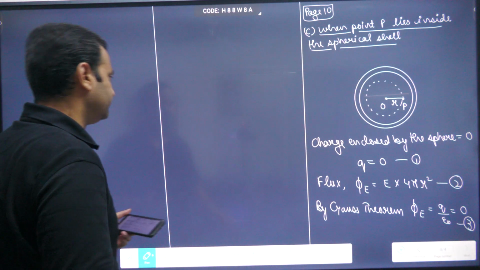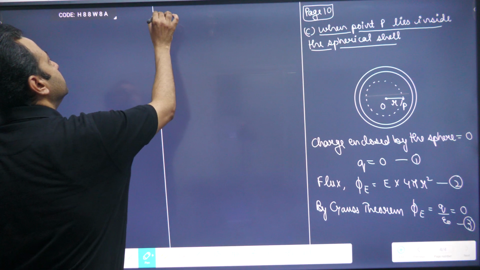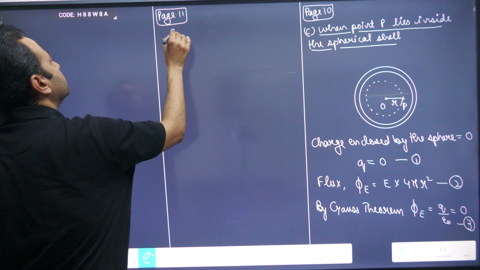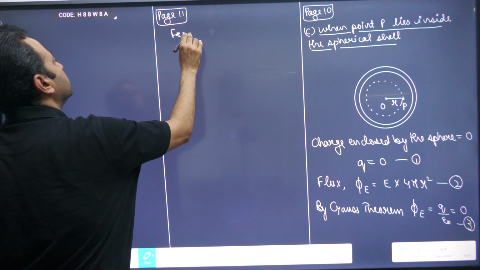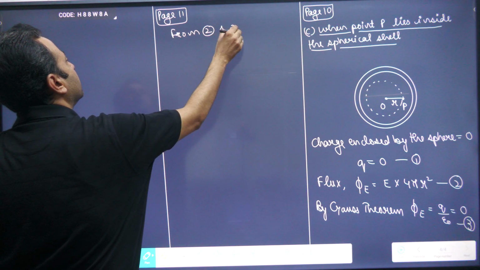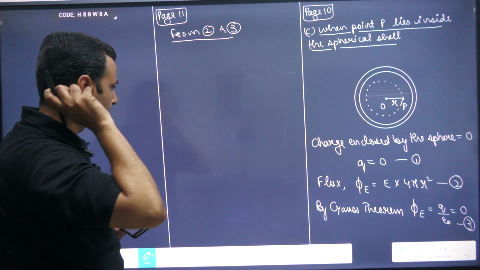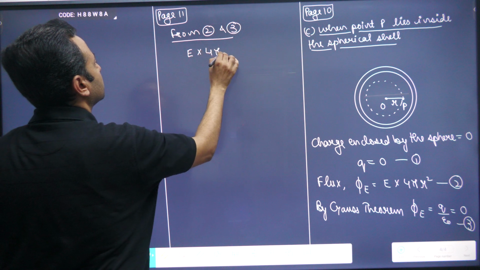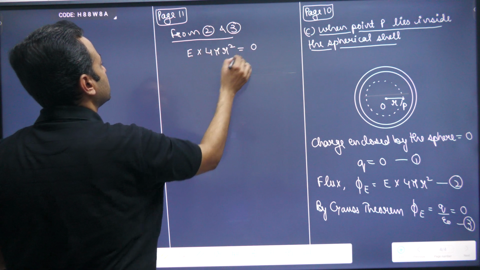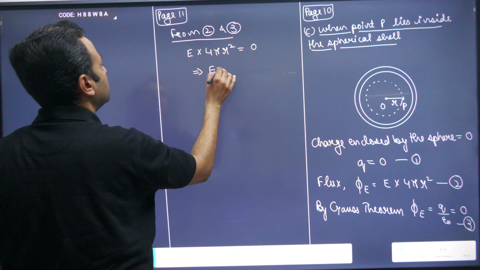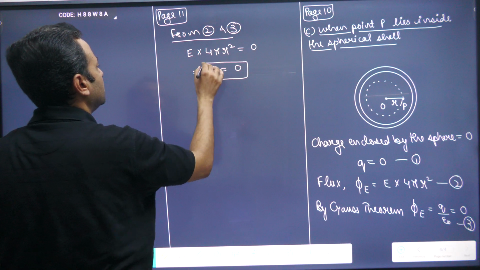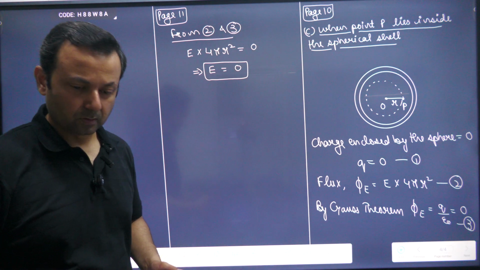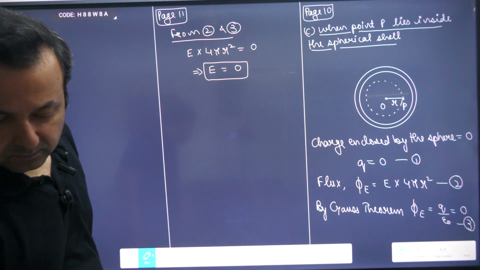Comparing second and third, from second and third equation, E into 4 pi r square is equal to 0. It implies that E is equal to 0. So electric field inside a spherical shell is always 0. Is this clear to you?